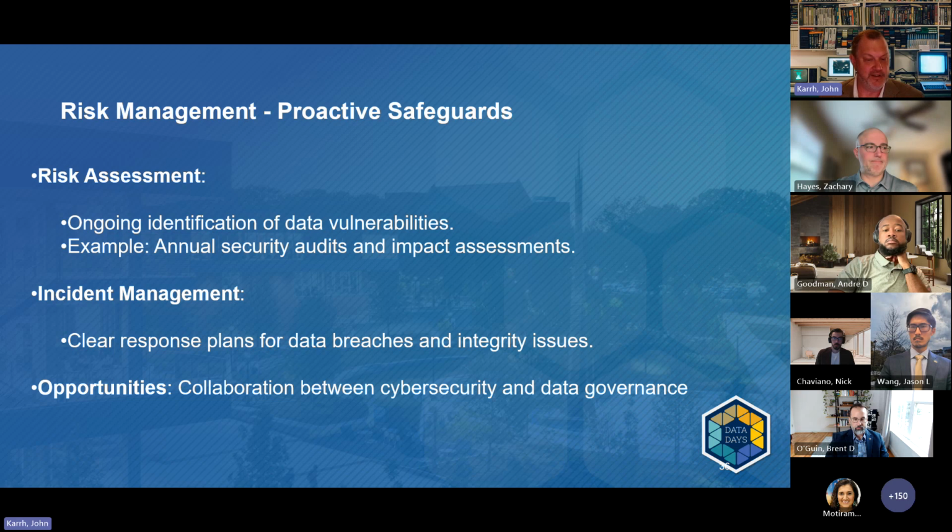Ours is a validation check on that, as well as looking at what vulnerabilities from a cybersecurity perspective are in place and what we need to do when those vulnerabilities are identified to protect that data and protect the integrity of that data as well.